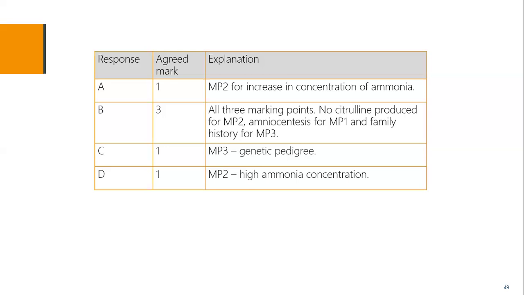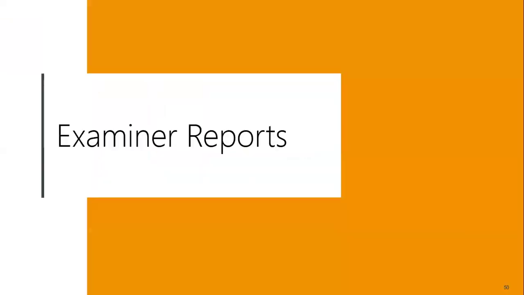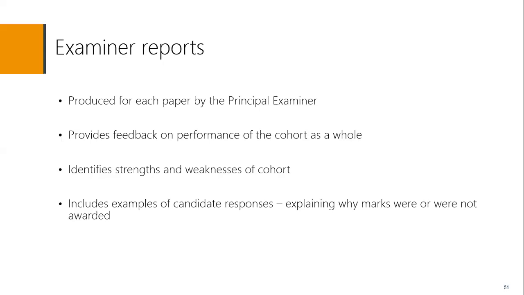Now, at the end of the exam series, the principal examiner on each paper produces an examiner's report. It's a very useful document. It considers the performance of the paper for the cohort as a whole.